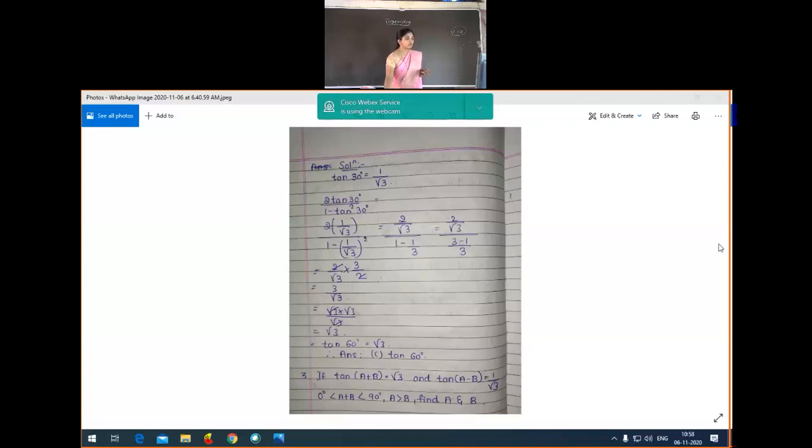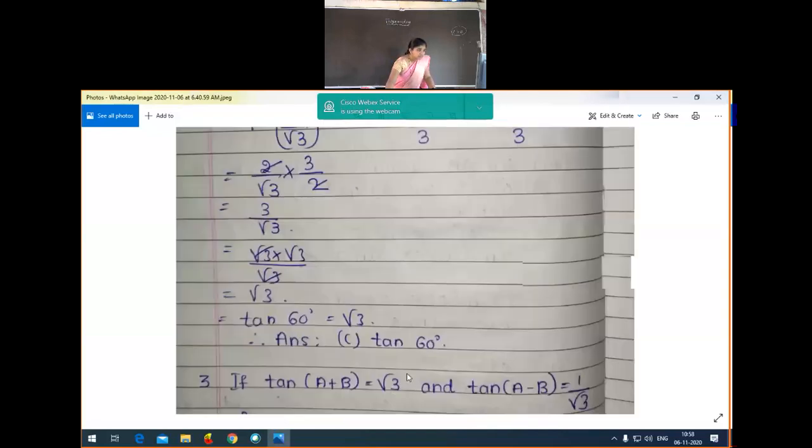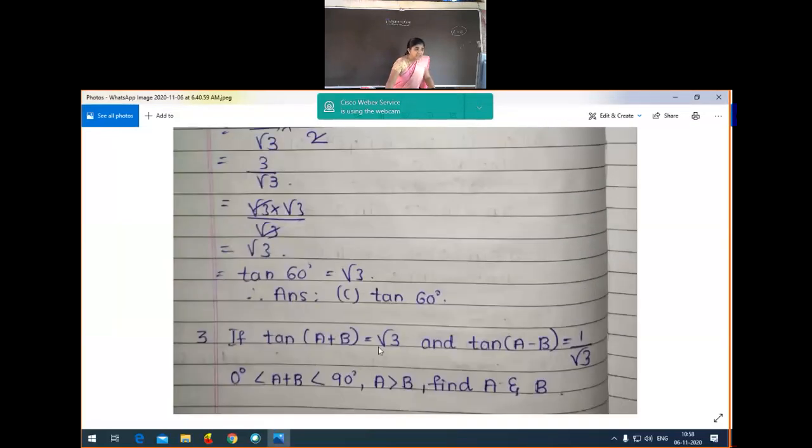But before going to the board, see here the question: tan of a plus b is root 3. One condition is given. Tan of a plus b is root 3, then tan of a minus b is 1 by root 3. The condition is 0 degree less than a plus b less than 90 degree, and a is greater than b.